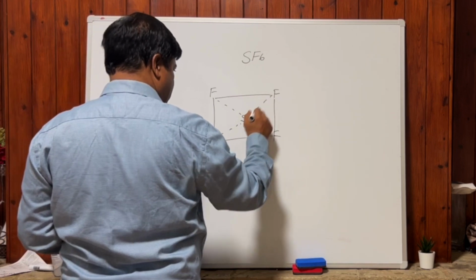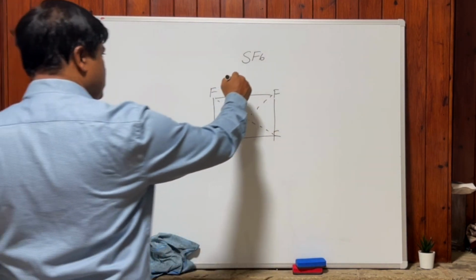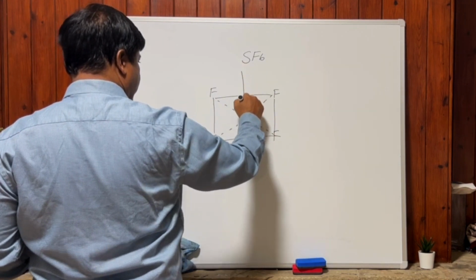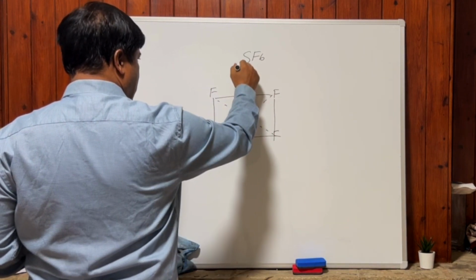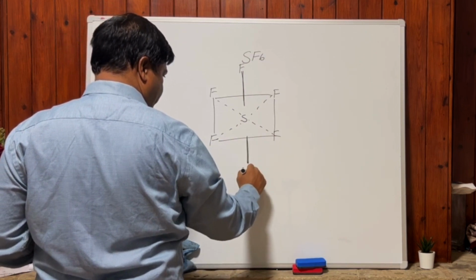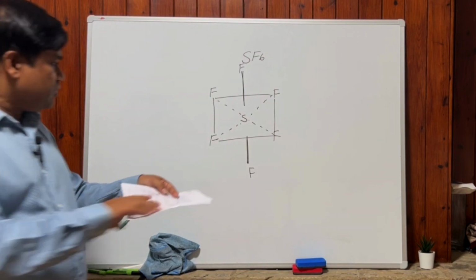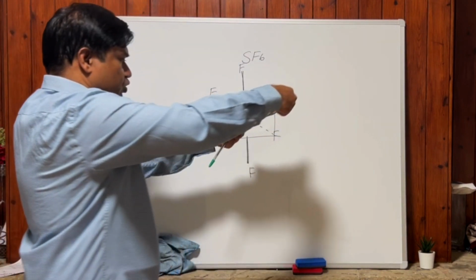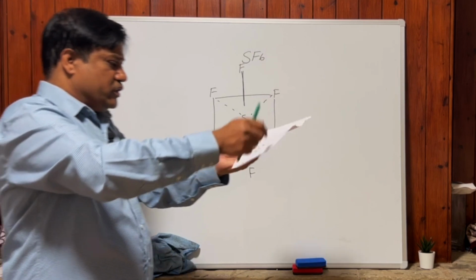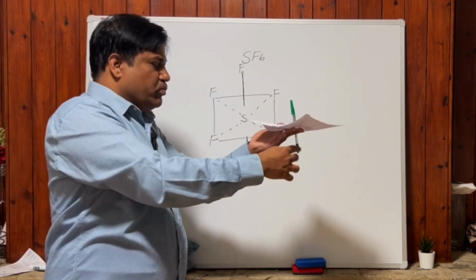This is a square planar molecule. And 2 more bonds. One bond coming from the top, F, and one bond from the bottom, F. So that's the planar molecule, and we have one bond at the top and one bond at the bottom side.